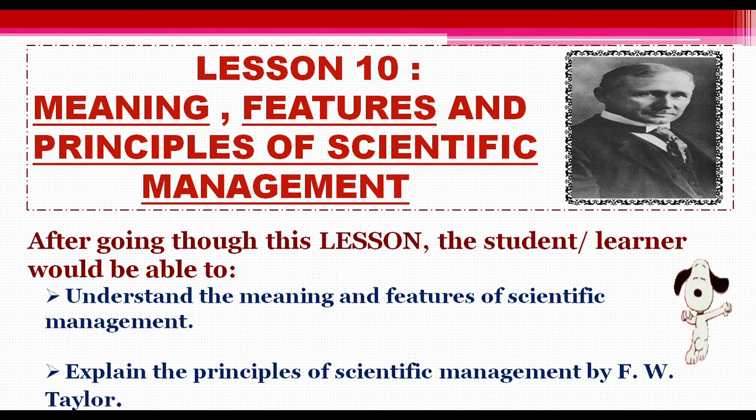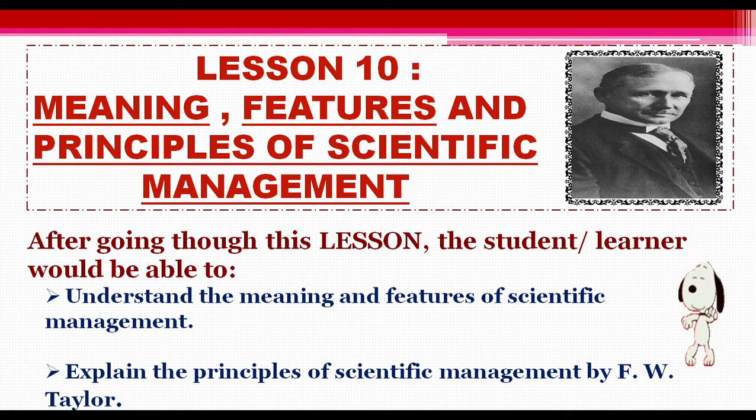So he gave a number of suggestions to solve this problem, and in doing so he gave a scientific outlook to management. Means he gave an approach which is scientific in nature: how we can manage things, how we can manage humans working in an organization.